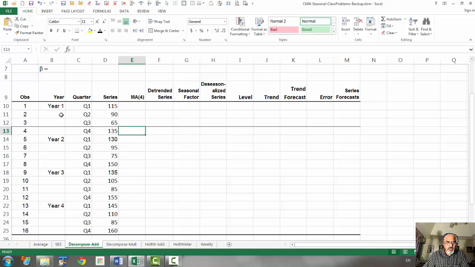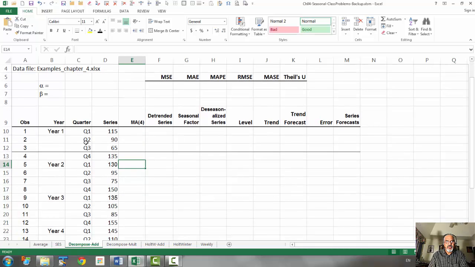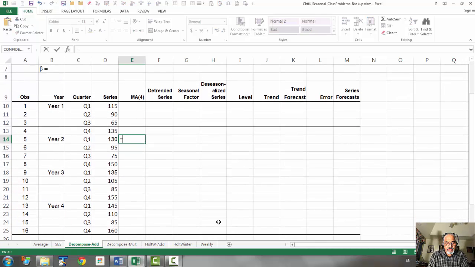Since this is quarterly, we're going to do one full 4-season moving average. If it is a monthly time series, then you have to leave the first 12 months and start from the 13th period, or the first season of the second cycle. The reason why we have a blank line here is we're going to fit an LES model later on. So this is the average of the first 4 seasons.